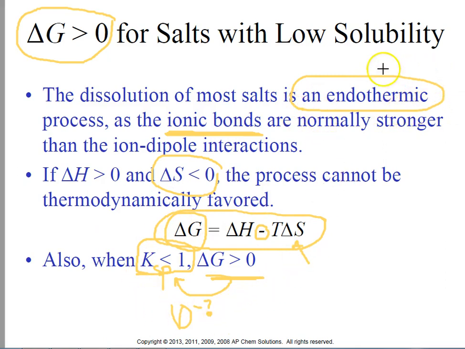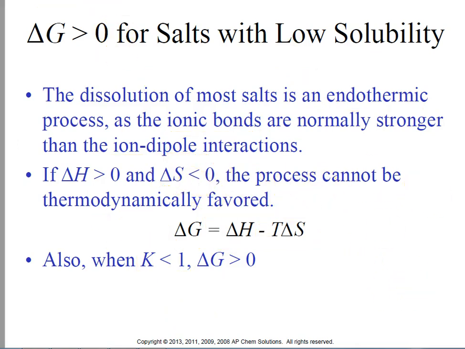Well, dissolving of an ionic salt is often, most of the time, endothermic because we've got to break apart ionic bonds, and those are normally stronger than the ion-dipole interactions we're forming. Also, when we dissolve some salts, it is actually not favored in terms of entropy because the entropy may go down as the water surrounds those ions. And those two factors put together are going to create an unfavorable situation for dissolving.